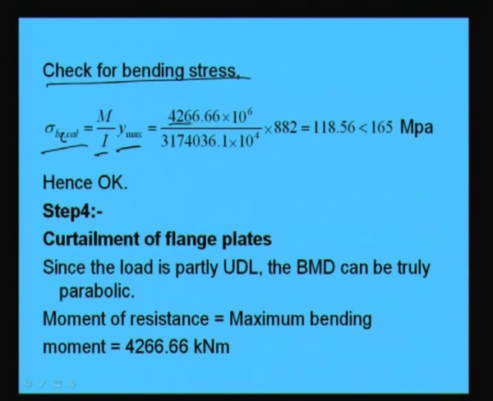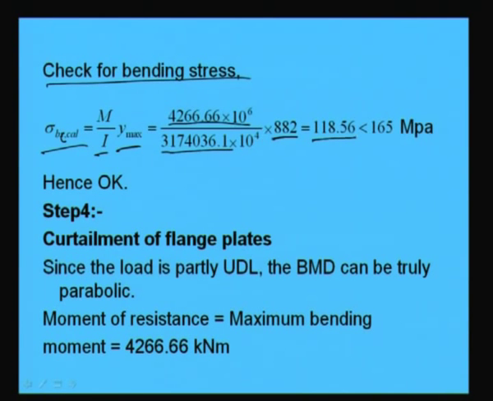So, M was calculated as 4266.66 into 10 to the 6. Earlier, if you see, this was calculated, and I was calculated as 3174,036.1 into 10 to the 4, and y max is 882.